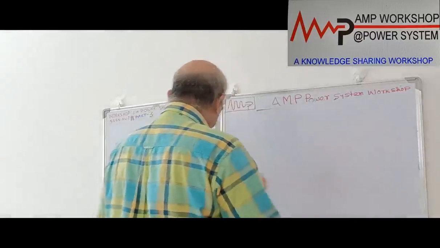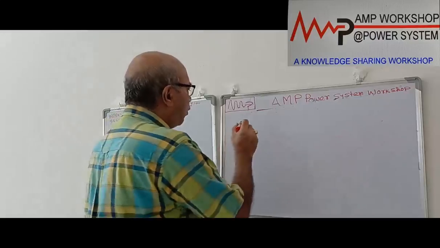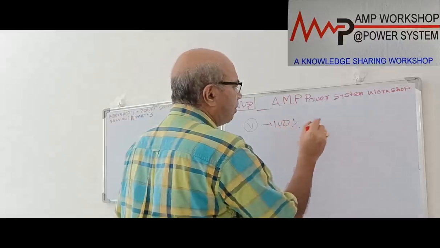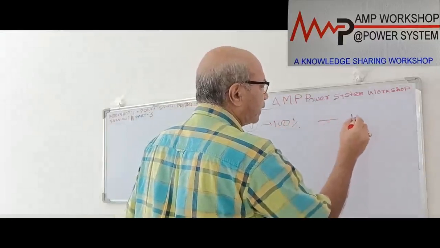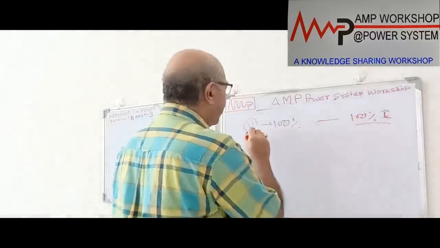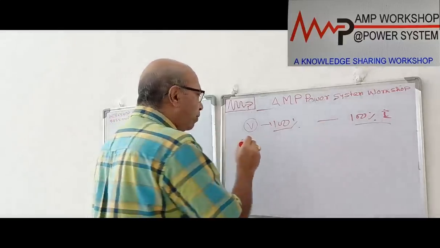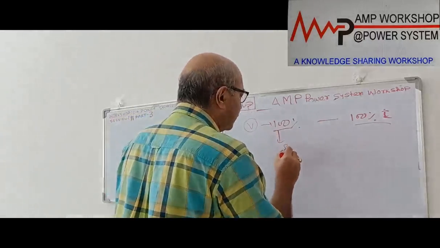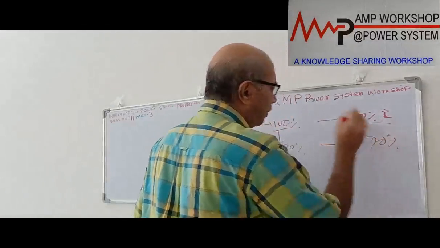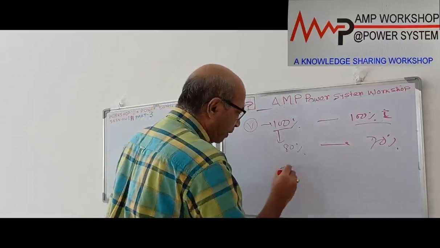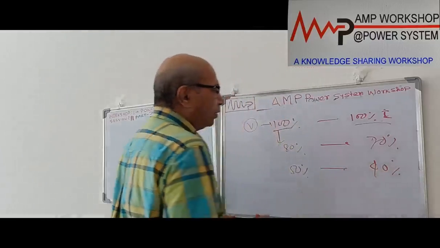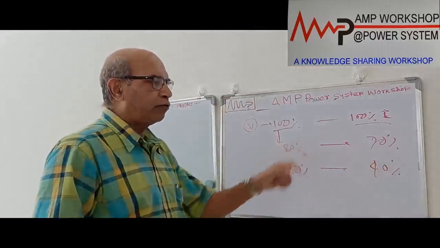We have seen that in a voltage restraint overcurrent relay, when the voltage is healthy, 100% voltage is present, suppose the relay operates on 100% of I current. Suppose this is the current required to operate at 100% voltage. The moment the voltage drops down to 80%, the current required may be 70% to operate the relay. When voltage comes to 50%, maybe the current required is only 40%. So this is how a voltage restraint overcurrent relay operates.